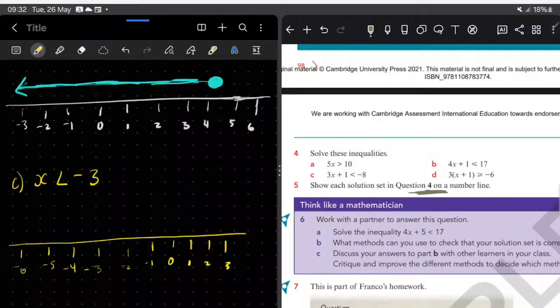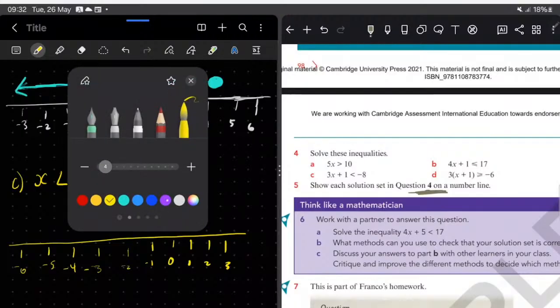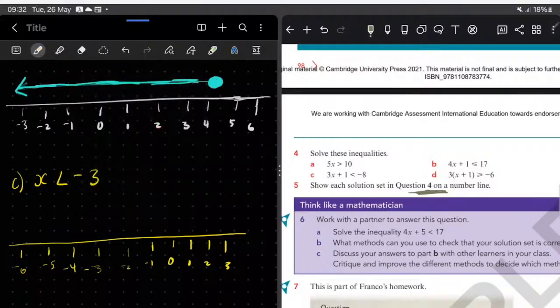Now, AT, what is the first thing you do here? Yes, the first thing you should do is see where you're placing the circle. Where are we placing our circle here? At -3. We place our circle.